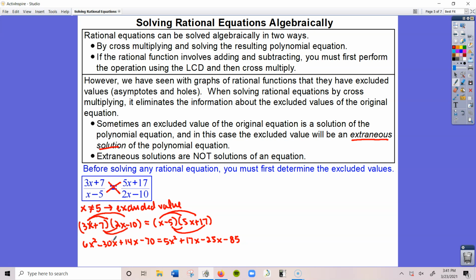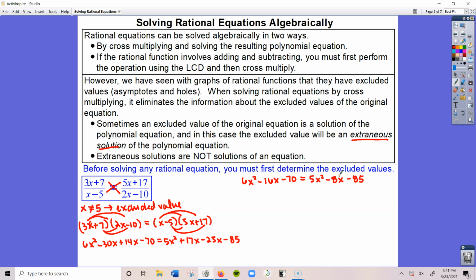Now let's combine like terms on both sides of the equal sign. So we get 6x squared minus 16x minus 70 is equal to 5x squared minus 8x minus 85.